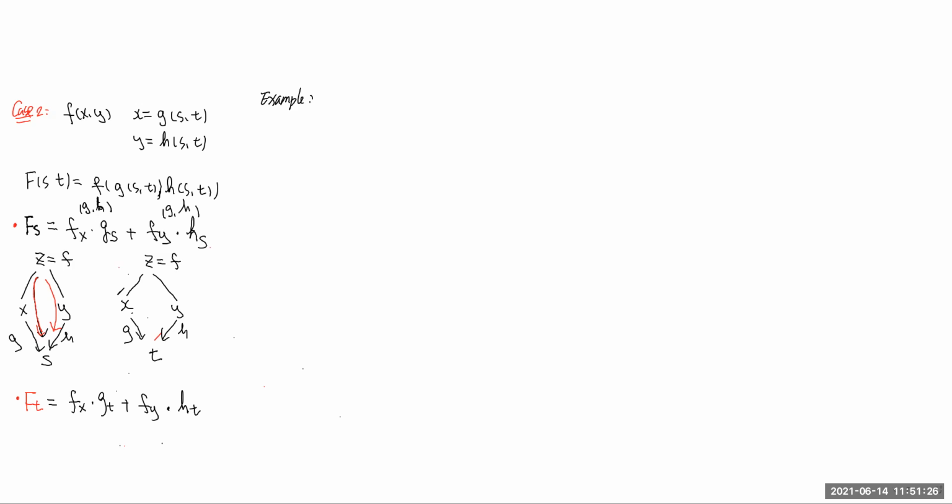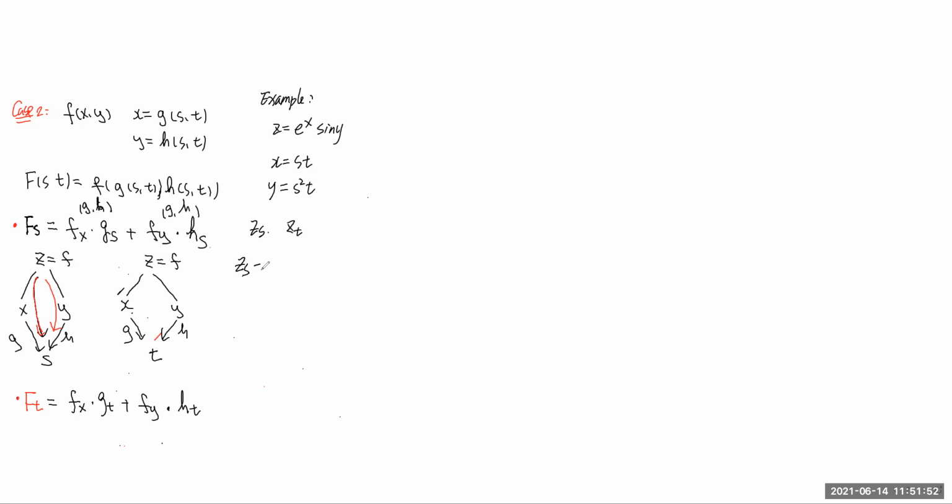So now we have z is e^x sin y, right? x is st, y is s squared t. So the question is, please compute z_s and z_t. So let's first compute z_s.